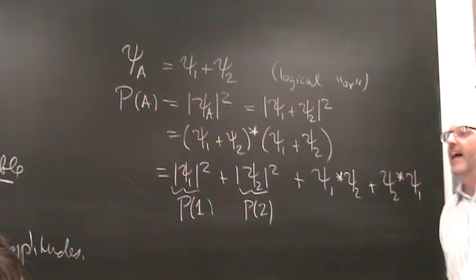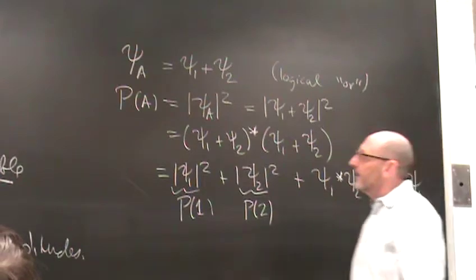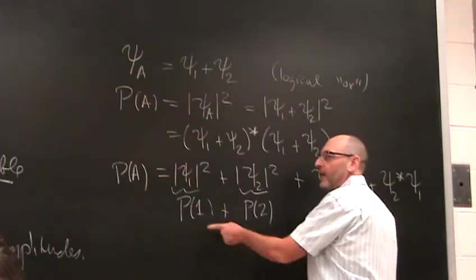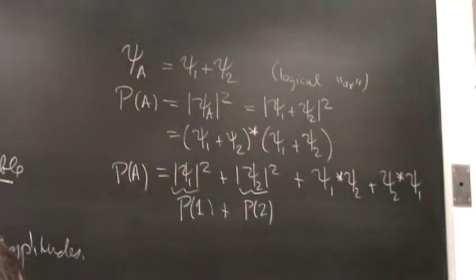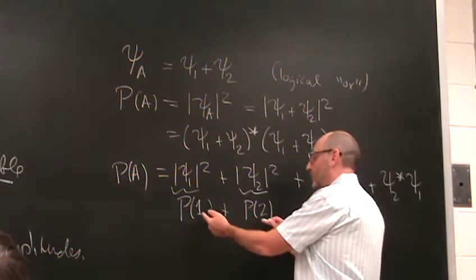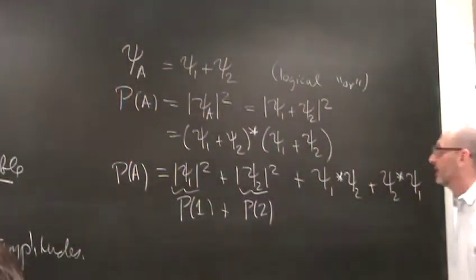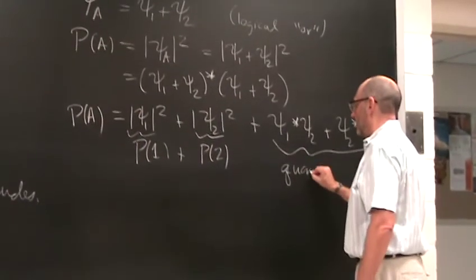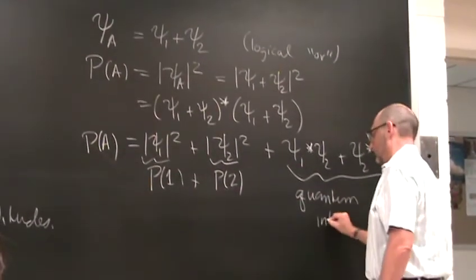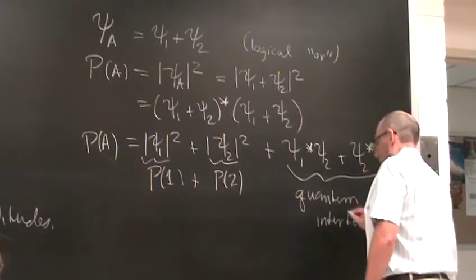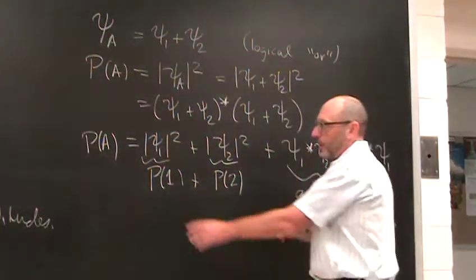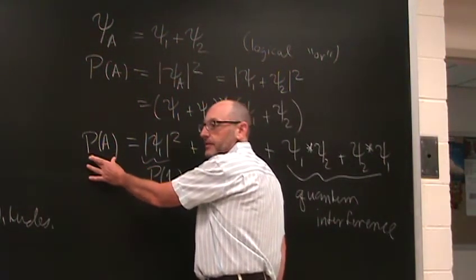So if we contrast that to what's written on the backboard, the probability for event A to happen is not just the sum of the probabilities of the two distinguished alternatives, but involves something else. And this is quantum interference. Probabilities are still probabilities.